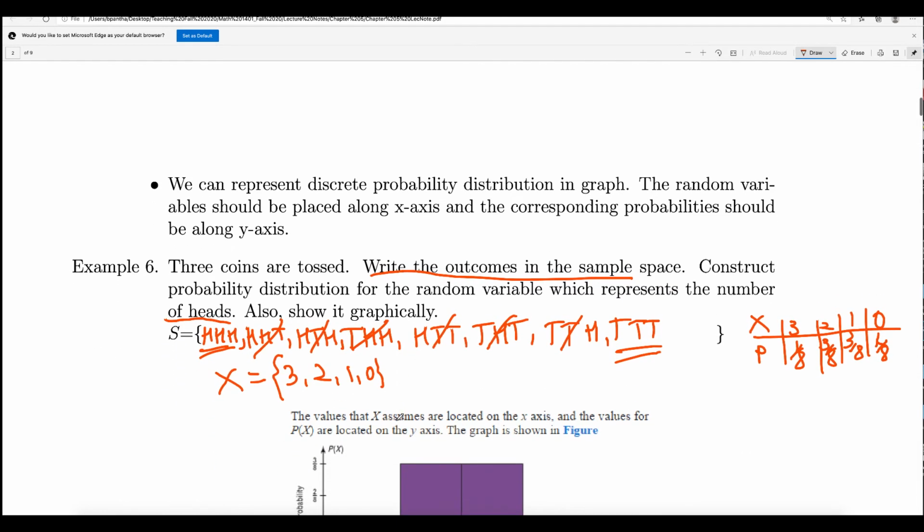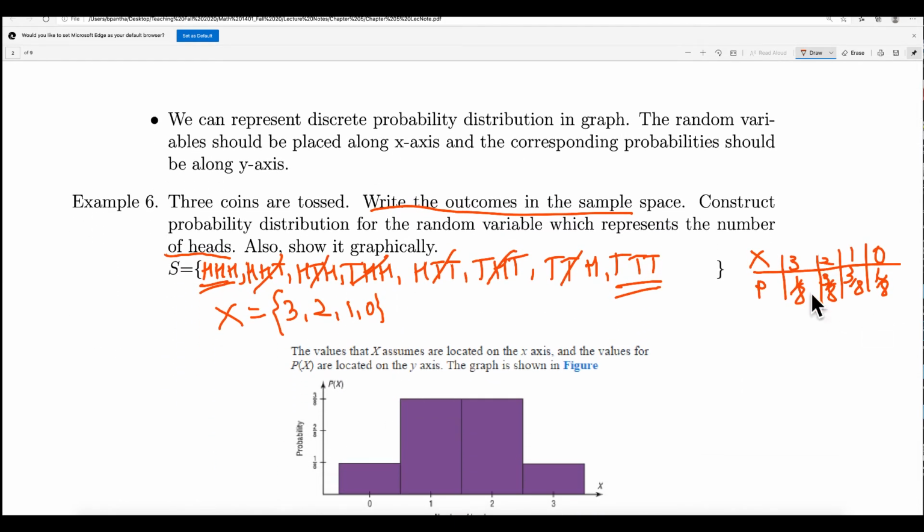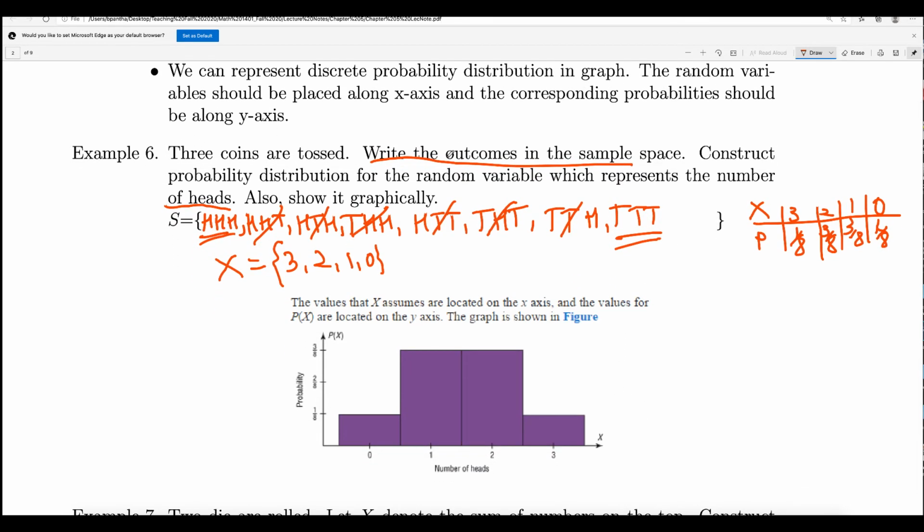Now, I want to represent this by a histogram, or a bar diagram. You can do that too. How do I do that? You should place the random variable along the x-axis and the corresponding probabilities along the y-axis. Look at that.